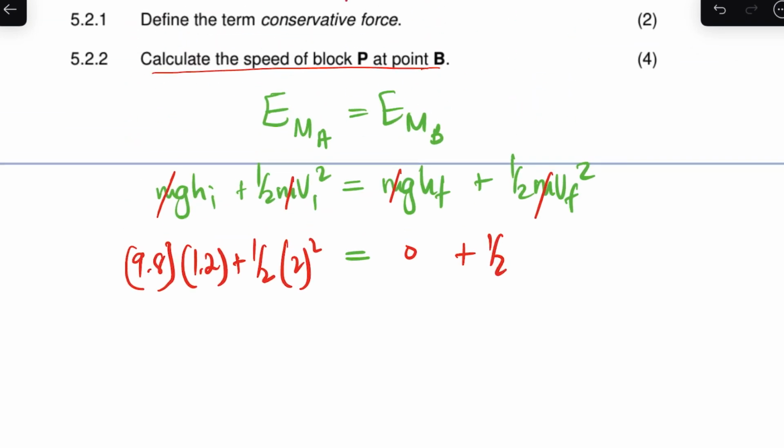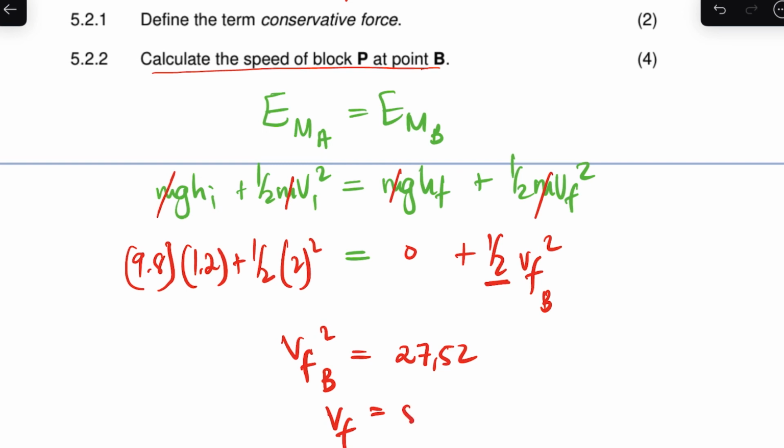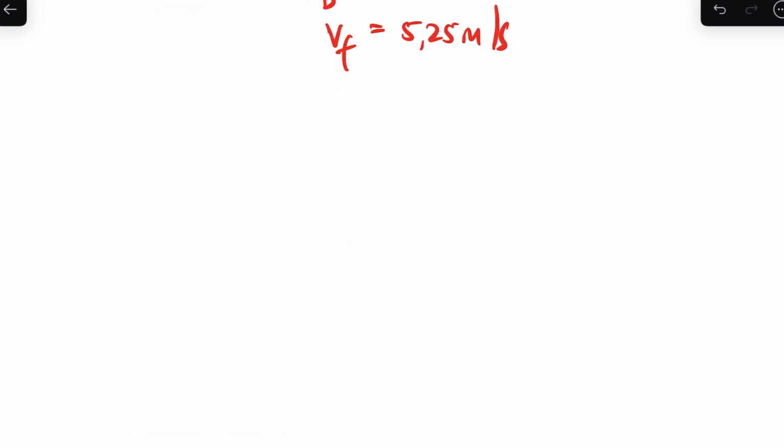So it's half, and the masses cancel, times the velocity at point B squared. When you punch that in the calculator and you divide by half, you get 27.52. It's v final squared at B, and then you take the square root. It's going to be 5.25 meters per second. Right? I hope that makes sense, guys.